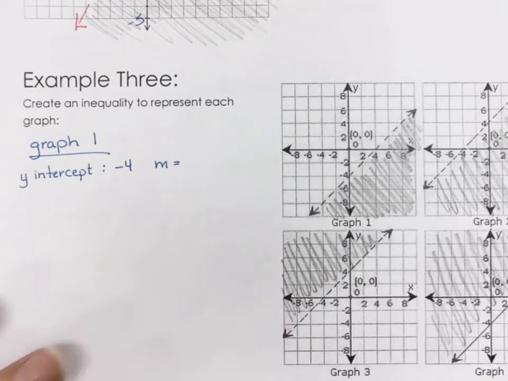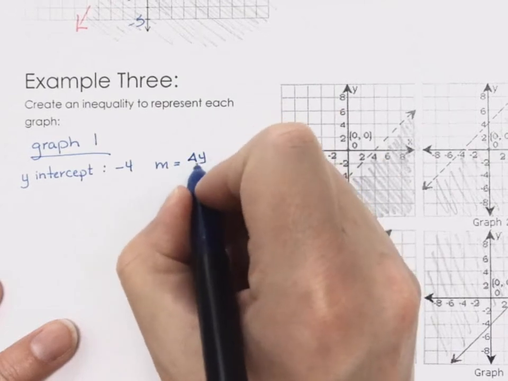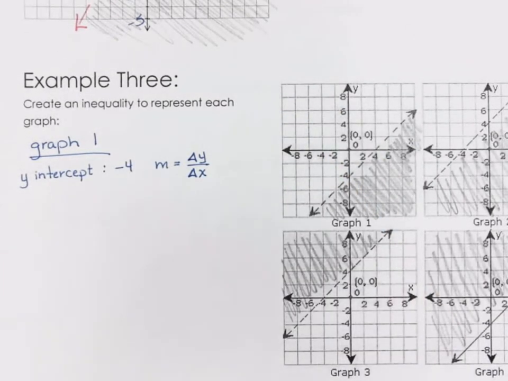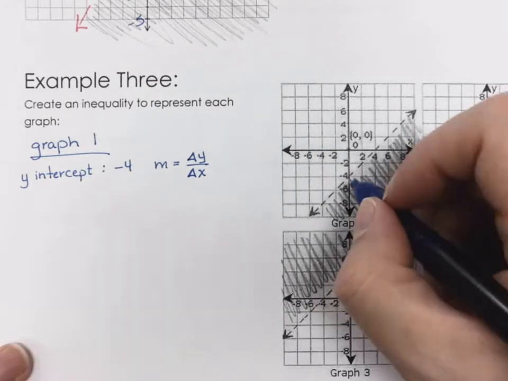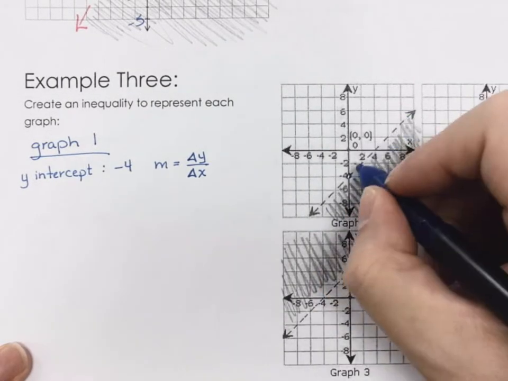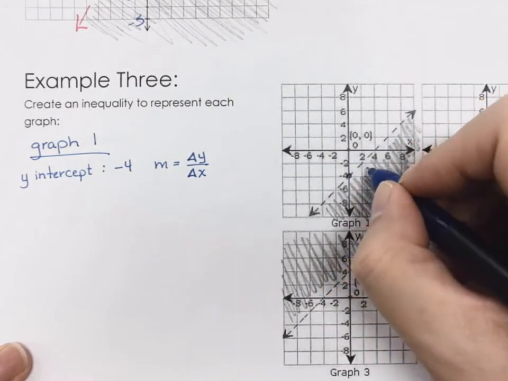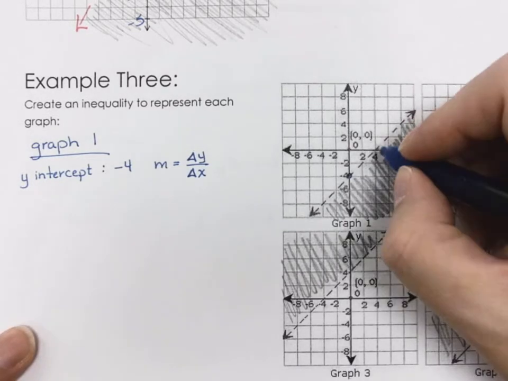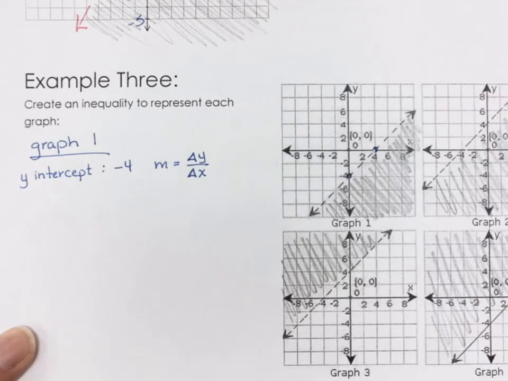So remember that the slope is the change in y over the change in x. So if I start here and I go to my next point, I'm going to pick a point that's obvious. It doesn't have to necessarily be the next one in the sequence, but I'm going to pick a point that's obvious. So this one crosses at 4, 0.